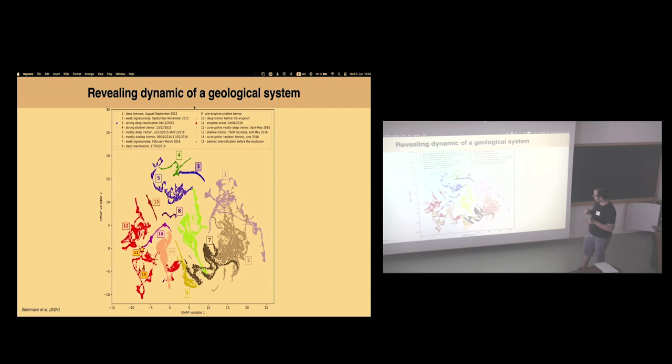Then we have some weak signals or noise in this region, and after a while we have some reactivation. It starts from some strong, deep reactivation in the volcano, and after that we have some deeper tremor. We have some shallow tremor here.